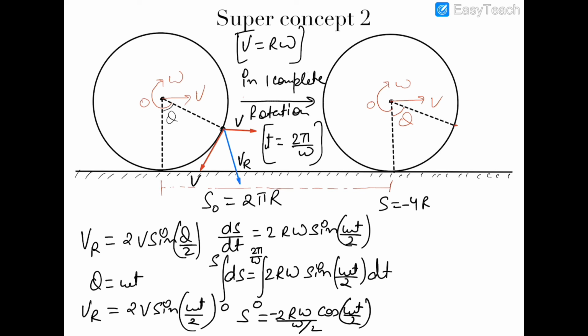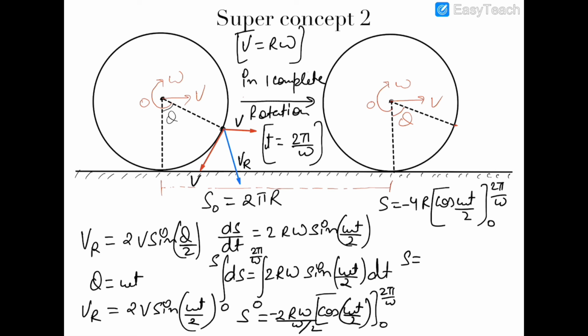So this is minus 4r cos omega t by 2, and the limit would be from 0 to 2 pi by omega.